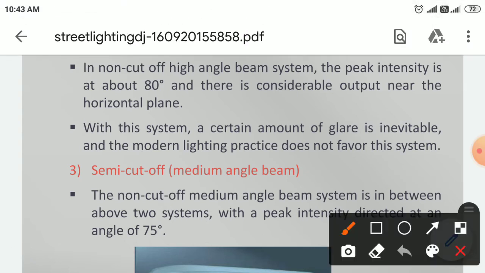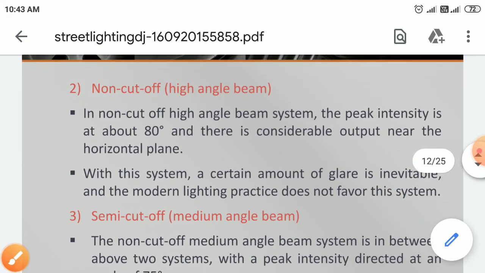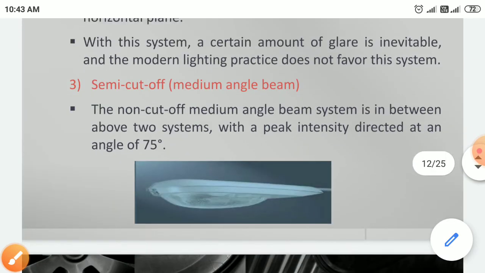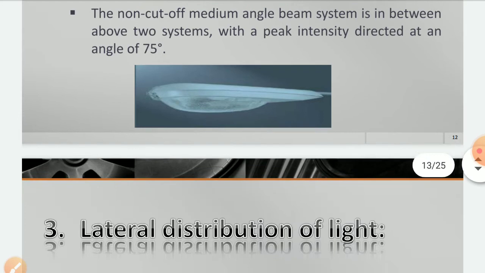Semi-cutoff is in between, where the angle of incidence is around 75 degrees.